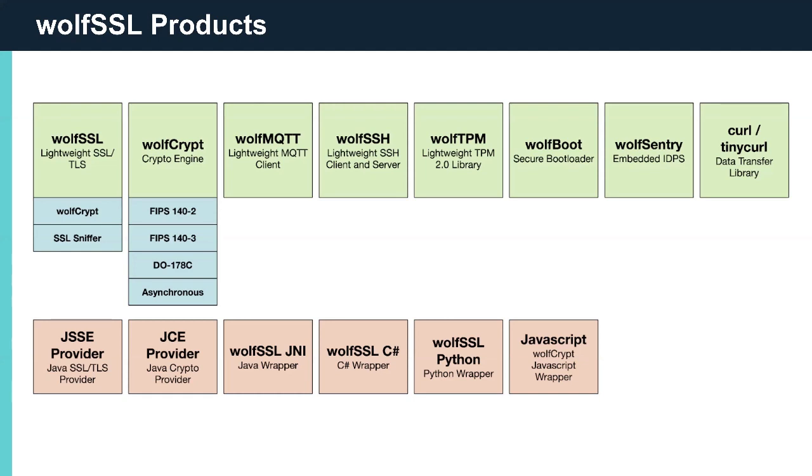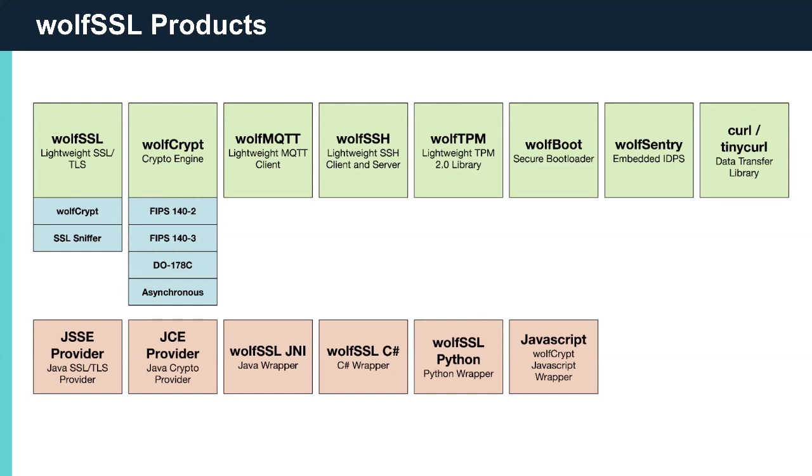We have a DO-178C certification for avionics customers, and also an asynchronous crypto module to use on the server side with things like Intel Quick Assist and Cavium Nitrox. On top of wolfCrypt, it's wolfSSL. That's very portable, supports 30 to 40 operating systems now. That also includes an SSL sniffer tool, which allows you to inspect the traffic between a client and server.